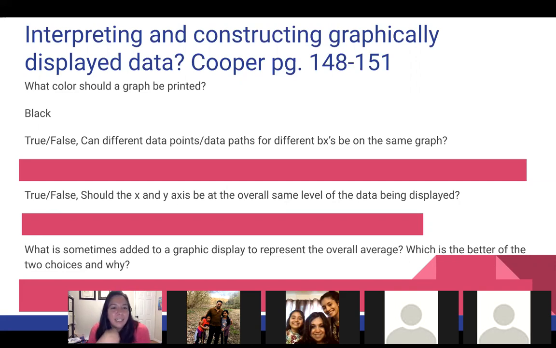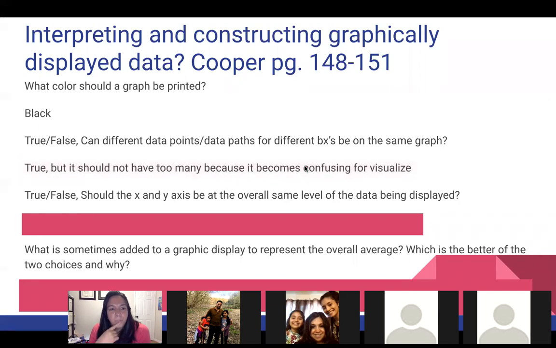All right. True or false? Can different data paths for different behaviors be on the same graph? True. But it should not have too many because it becomes confusing to visualize. So if we have, let's say, 6 different behaviors on one graph, we're going to get very confused.